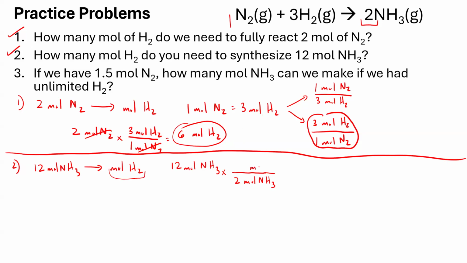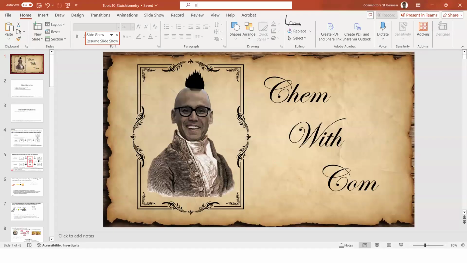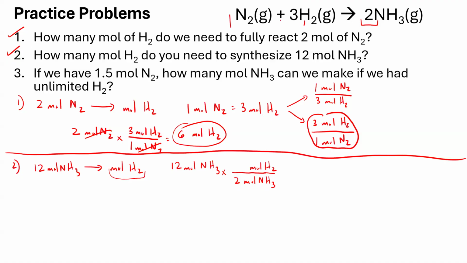So I'm going to say here moles of H2. And here I have a 3, so we have to use the 3. All right, so look what cancels out. Moles of NH3. 12 times 3 is 36 divided by 2. I believe this is an 18.